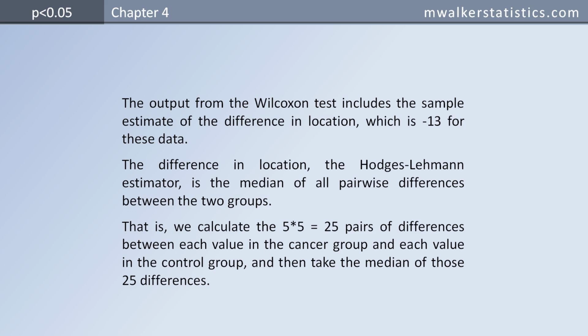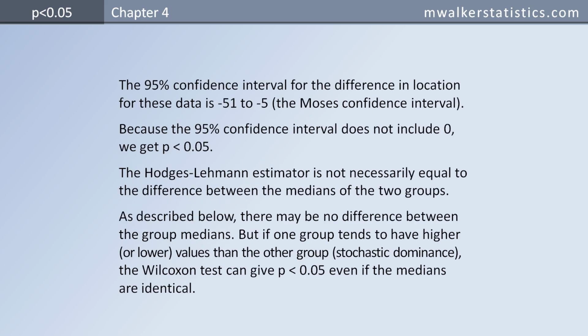That is, we calculate the 5 times 5 equals 25 pairs of differences between each value in the cancer group and each value in the control group, and then take the median of those 25 differences. The 95% confidence interval for the difference in location for these data is -51 to -5, the Moses confidence interval. Because the 95% confidence interval does not include 0, we get p less than 0.05.